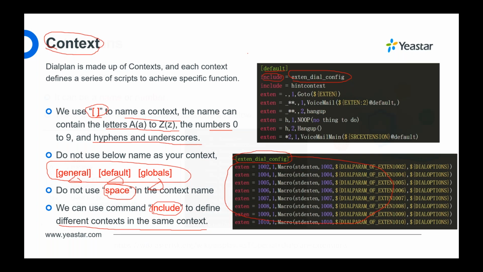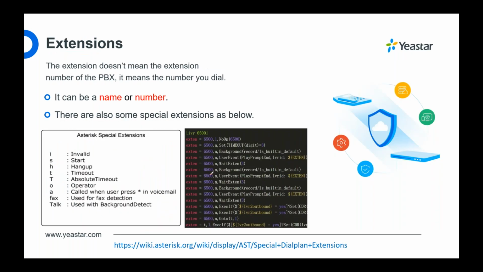And the second part is extension. It doesn't represent the extension numbers you create on the PBX. It means the number you dial. Sometimes it is the number of a PBX extension, for example when you want to dial your colleague at extension 2001. Then 2001 is the extension we mentioned in the diagram.